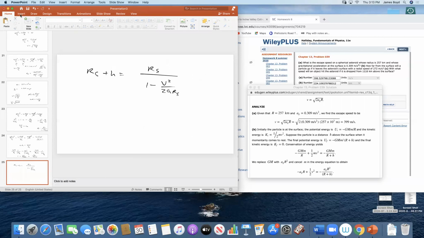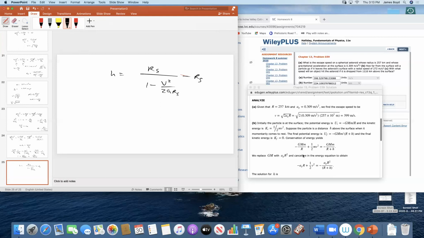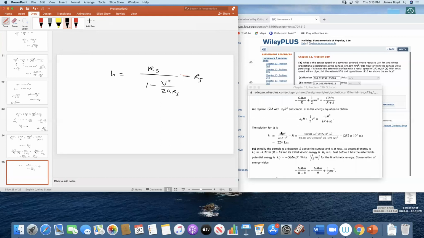Subtract out from both sides, minus r of the surface, okay? Which is essentially what they got here. They did some fancy algebra by multiplying through by 2a r surface and got this, and they got their height.